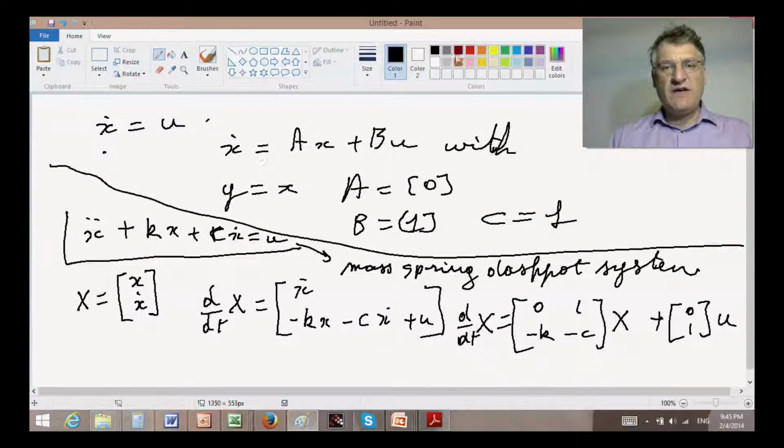The only particular effort that we had to make was to decide that our state would be made of both x and x dot.